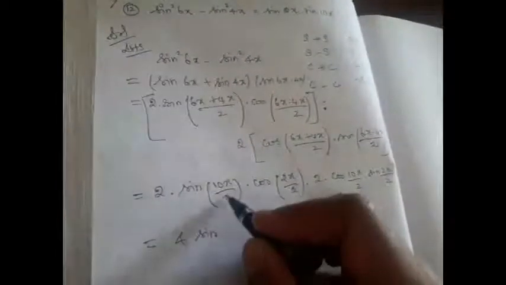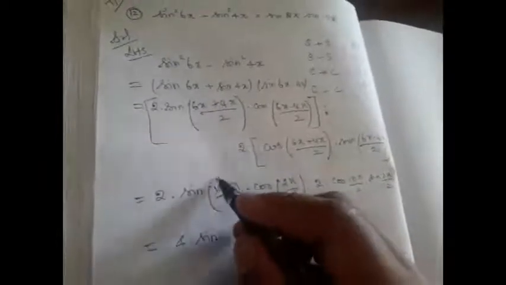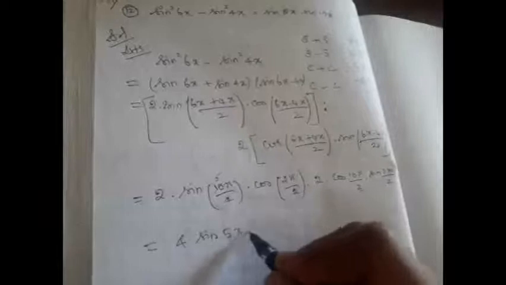So 2 twos are 4. The 2 in the angle you can cancel, because this 2 is also for the angle only. So 2 fives are 10. Sine 5x cos x, this 2 will get cancelled. The 2 in the angle and the scalar 2 you should not cancel, because one is for the angle and the other is a scalar. So we have already multiplied them and you will get cos 5x into sin x, right?